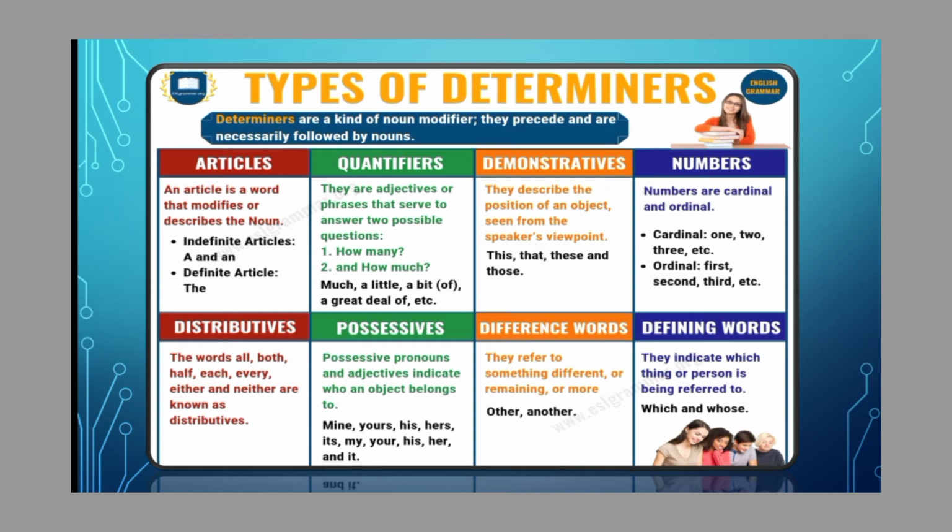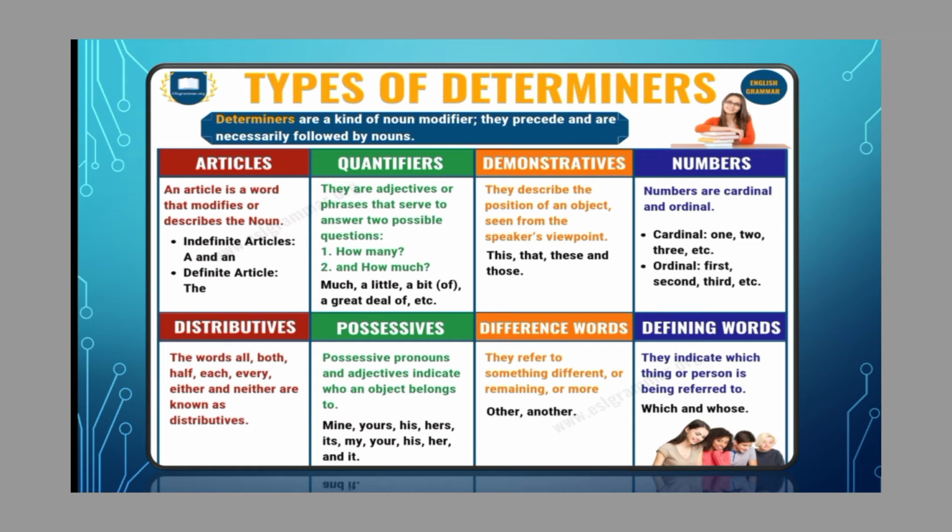So first one, article. An article is a word that is placed before a noun to describe the noun, either specific or general. As I said earlier, there are two types of articles: definite and indefinite.